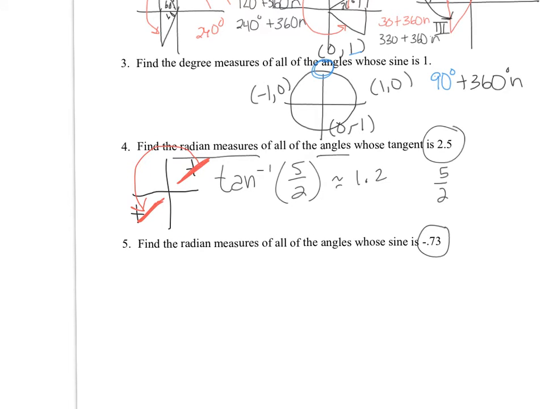So all the radian measures are going to be approximately equal to 1.2 plus pi times the number of times you go around the circle. So one answer is 1.2. Then if we add pi, we're going to be up here. If we add pi again, we're going to be right here, again right here. So we're getting all of the radian measures for which the tangent is 2.5.